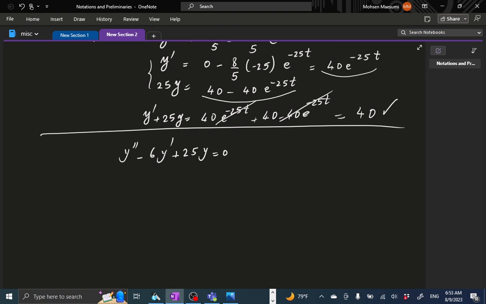And the question is, show that y is equal to exponential of 3x times cosine of, say, 4x is a solution.